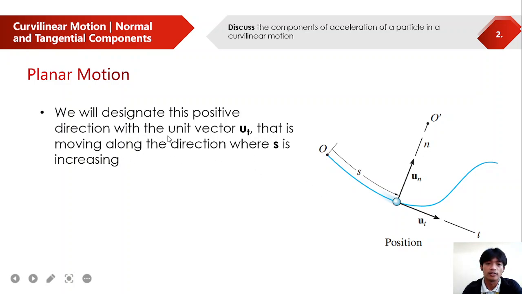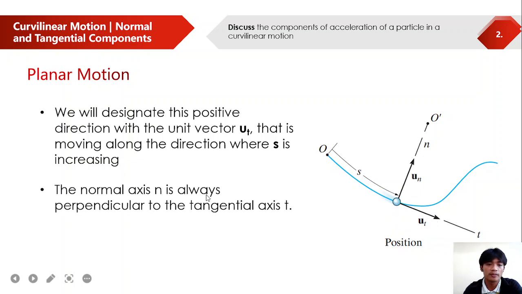So again, we assume that the positive direction of our tangent axis is along with the increasing path of the S, or the curve S.